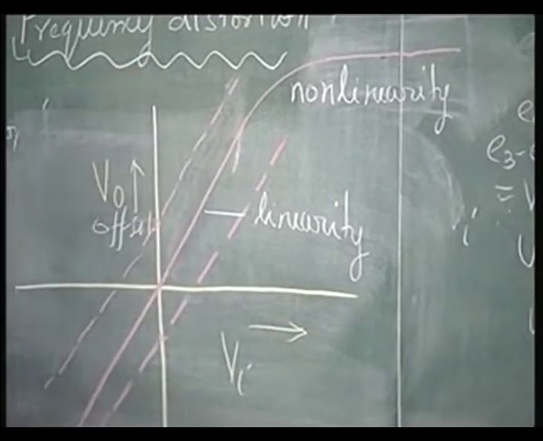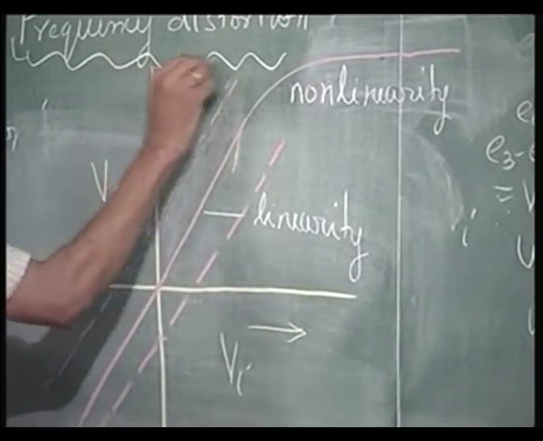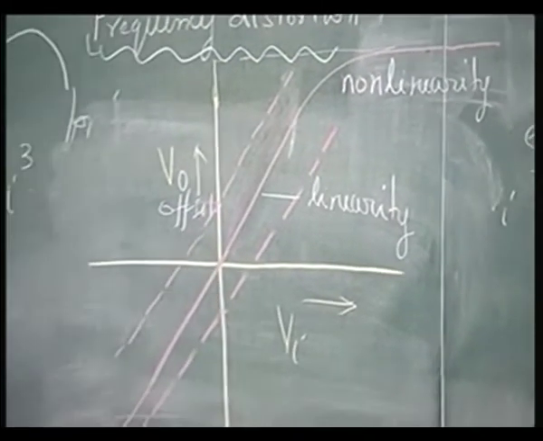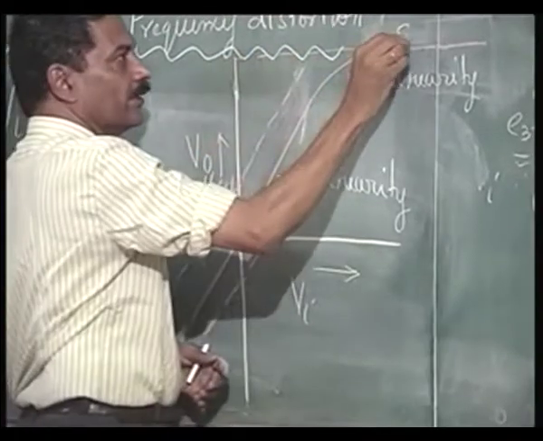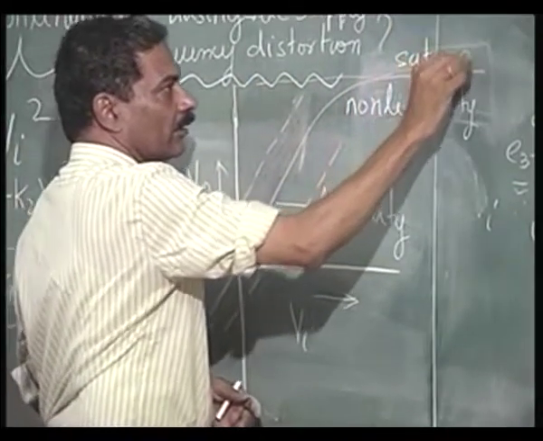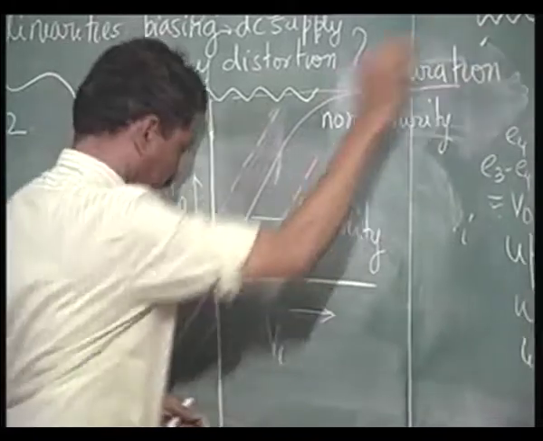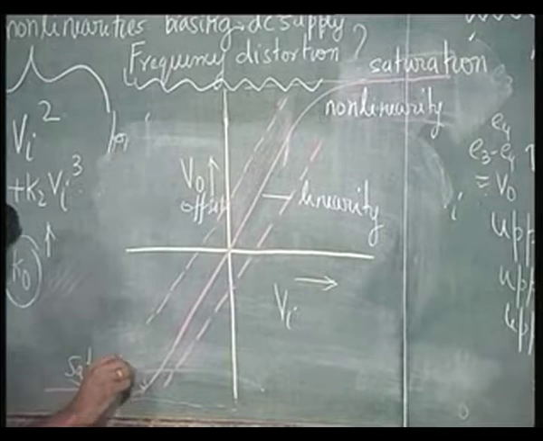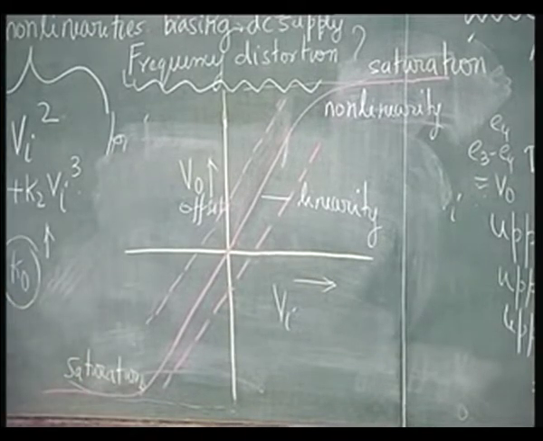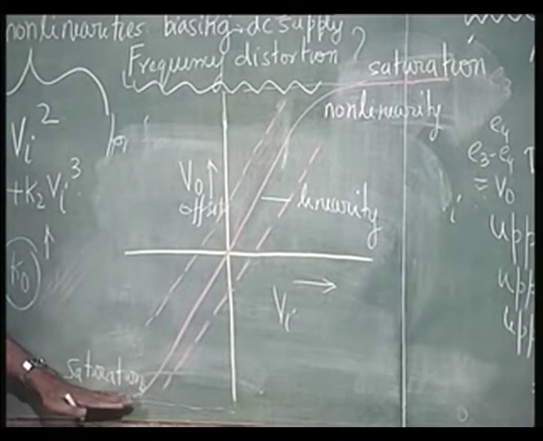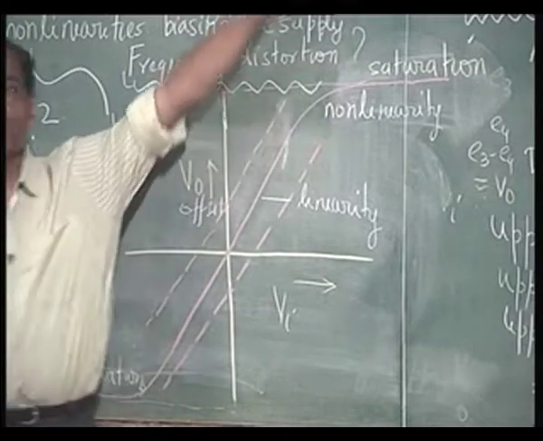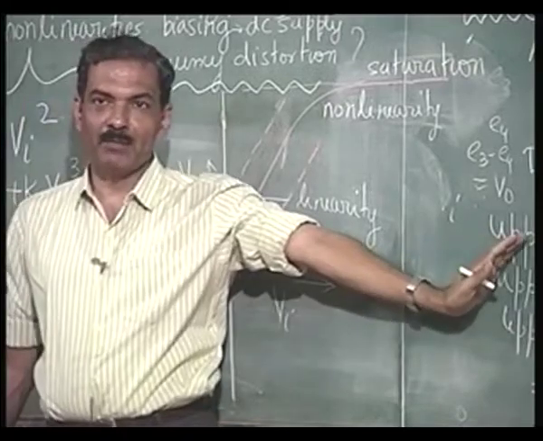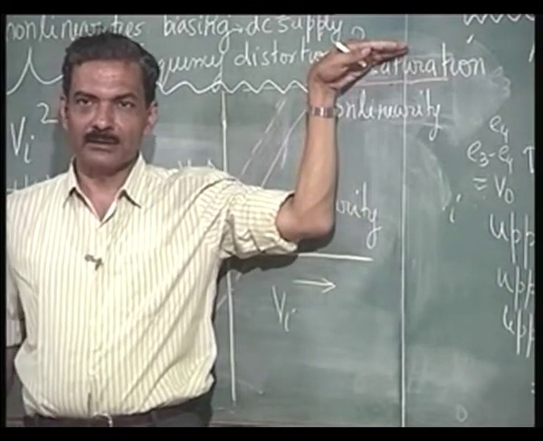Let us say this is the maximum voltage the output of the amplifier can give, and this is the minimum voltage the output of the amplifier can give. This is called saturation. Beyond this, the output is not going to change further. Even if the input is changed by any amount, the output remains constant.